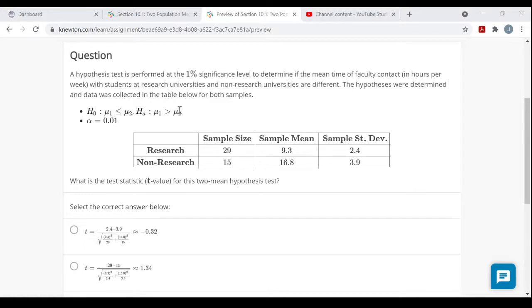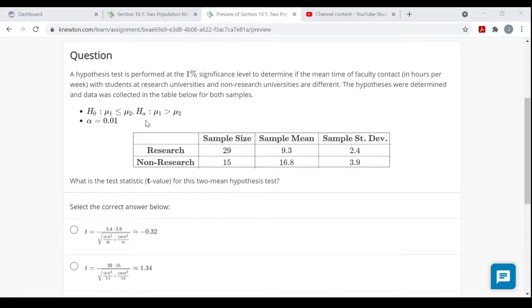So you have your null hypothesis and your alternative hypothesis. In the null hypothesis, when you actually perform the test, we're going to be assuming the equality part. You'd assume that mu1 was equal to mu2, that the mean time of faculty contact hours at research and non-research universities are the same, and then later make a decision, using critical values or p-value, whether or not to reject that statement.